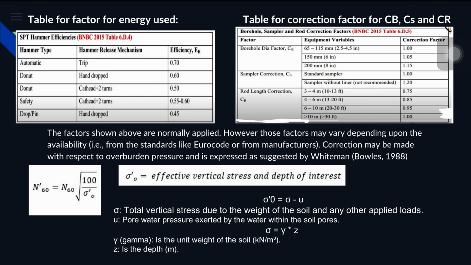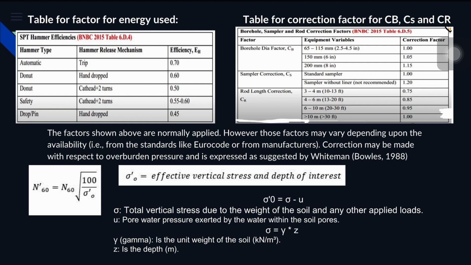On the left, we can see the formula N'60 equals N60 multiplied by the square root of 100 over sigma prime naught, where sigma prime naught is the effective vertical stress at the depth of interest.